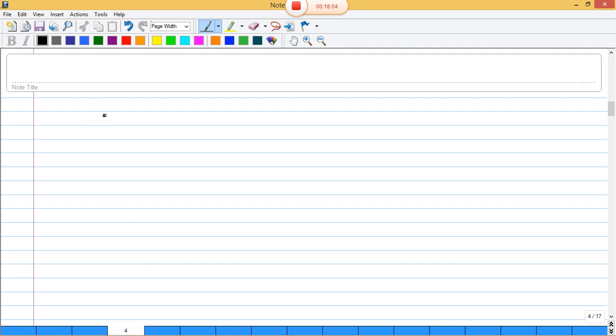Similarly, for discrete time signal we can solve. Here, if x of n is e to the power j pi by 4 n, just compare this one with e to the power j omega naught n.